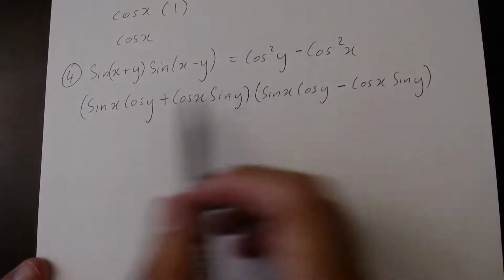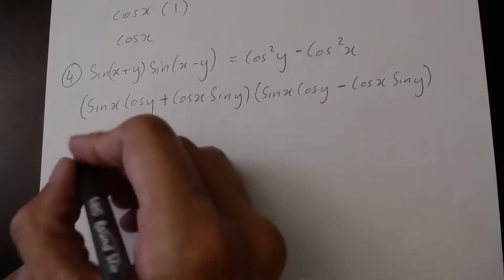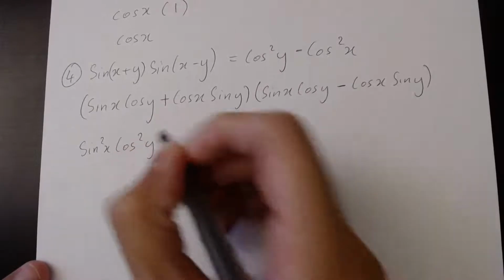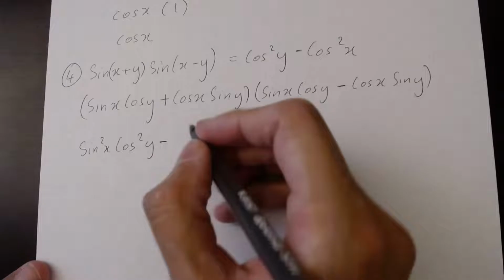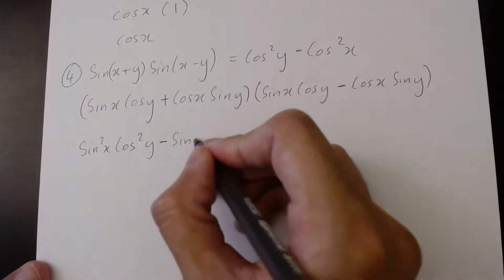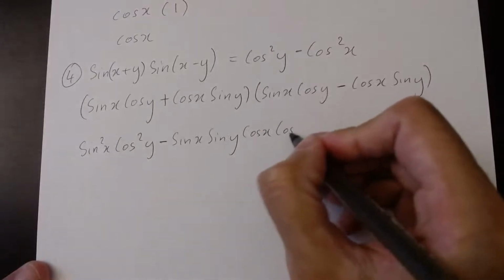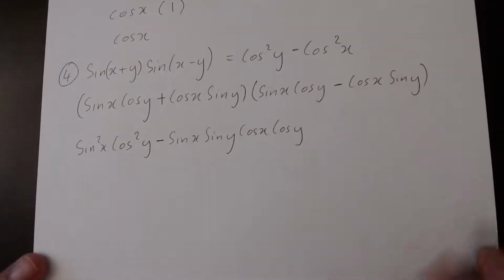Next, I want to FOIL out these two brackets. So I'll do the first term times the first. So that's just sine square x cos square y. I'll do the first times the last. So minus sine x sine y cos x cos y. I'll write it all in order with sines first and then coses. It makes things a bit easier.